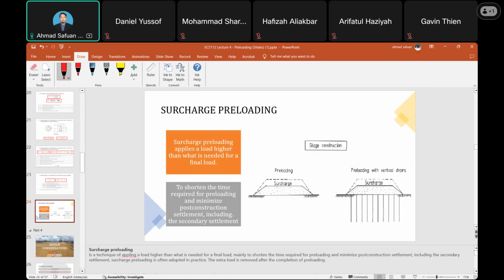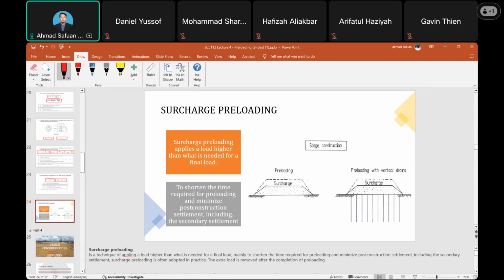Surcharge preloading applies a load higher than what is needed for the final load, to shorten the time required for preloading and minimize post-construction settlement, including the secondary settlements. That is the use of the surcharge. After we have completed the consolidation process, we may remove the surcharge.